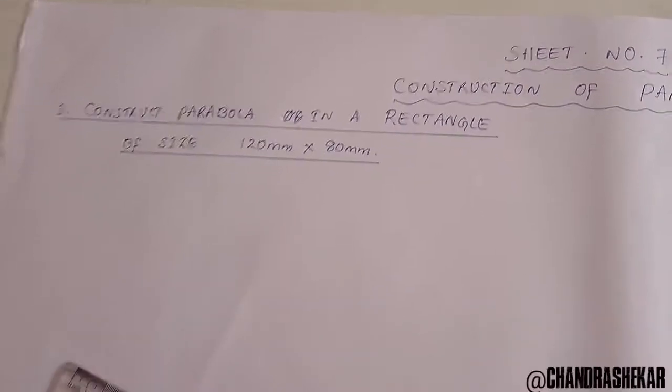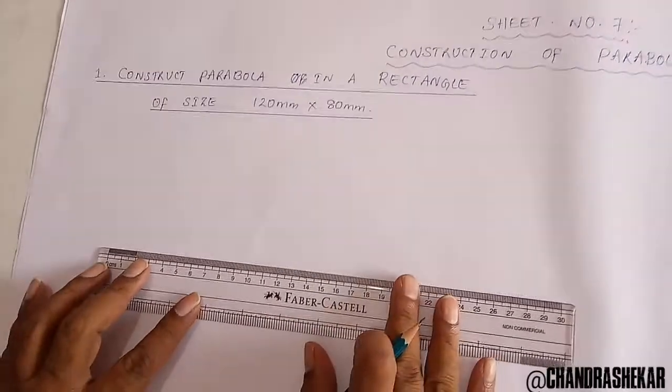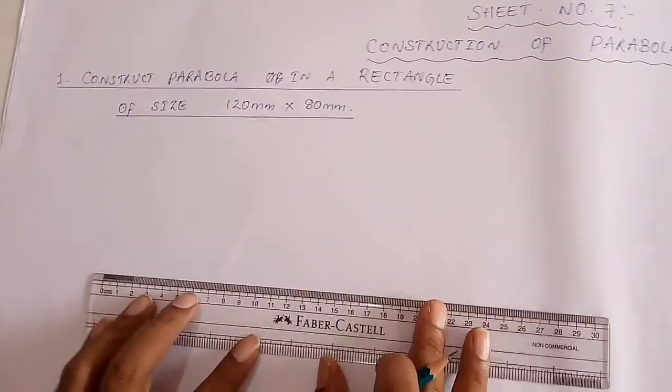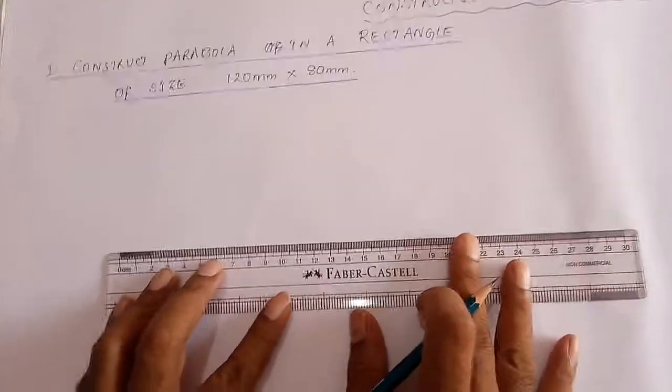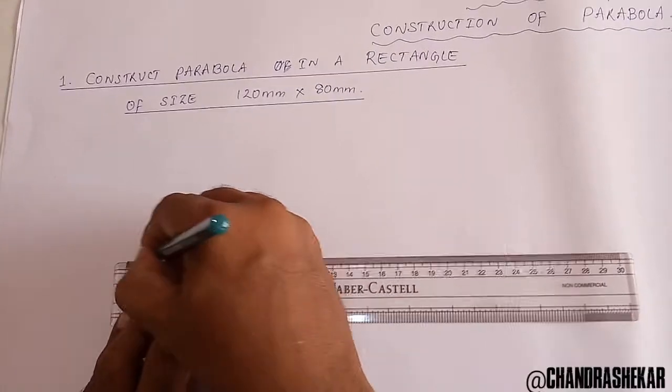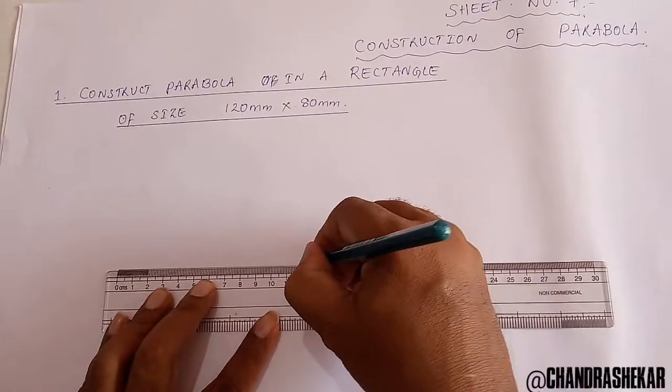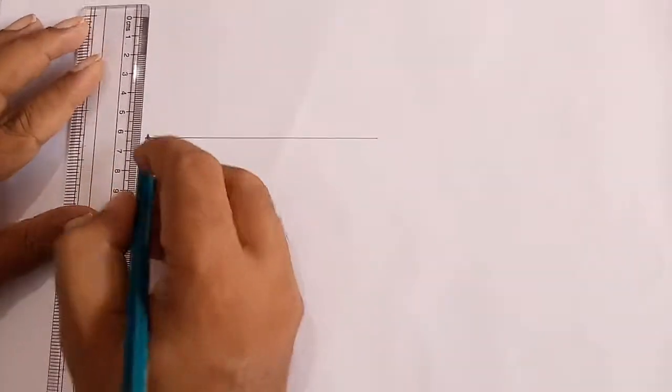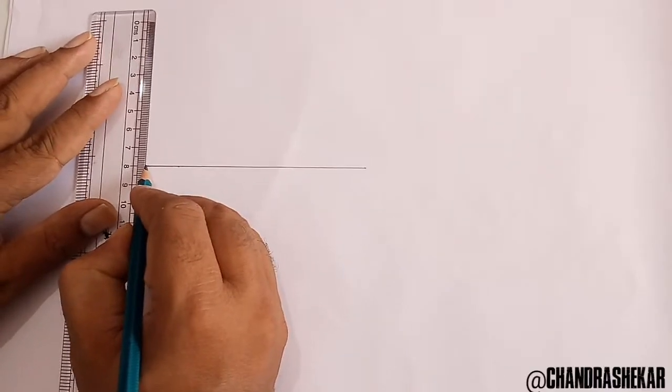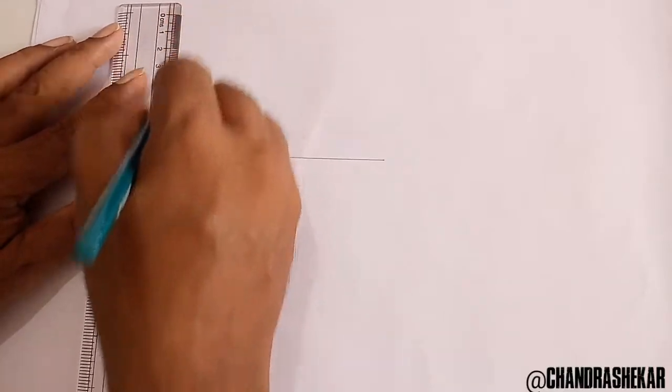First, construct a rectangle of size 120 mm into 80 mm. This is 120, that is 12 centimeters, into 80 mm. This is 80.